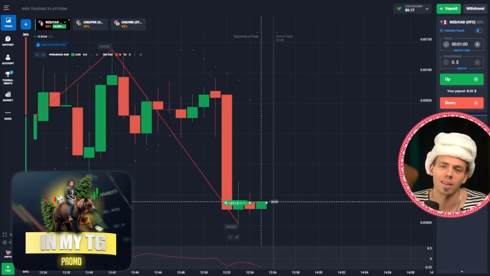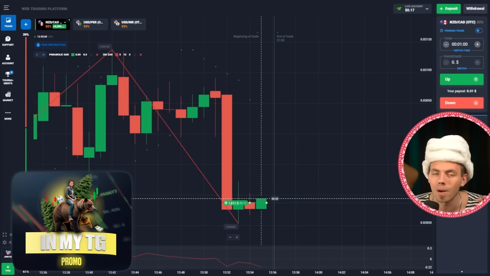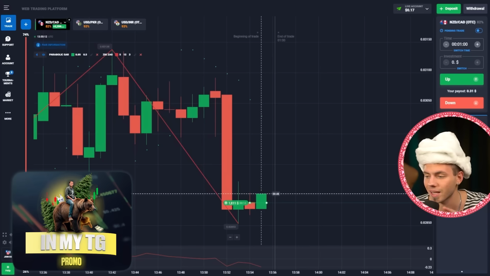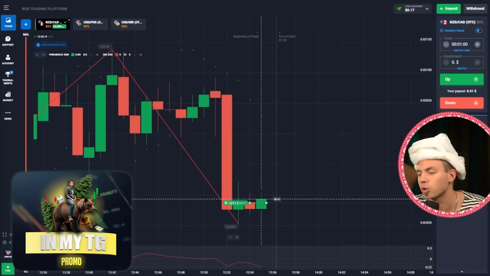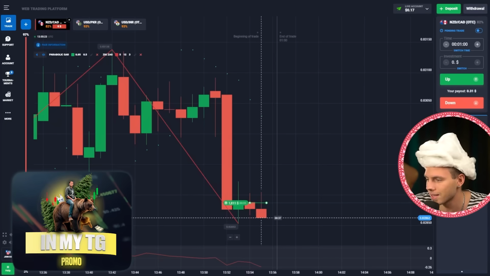that the most important thing for the trader is to pick the right moment, and here we picked a very cool moment, guys, because it's quite obvious that this is not a normal deviation, and right now the price will try to go back to its normal state, let's say so.